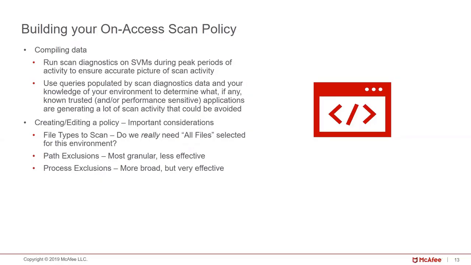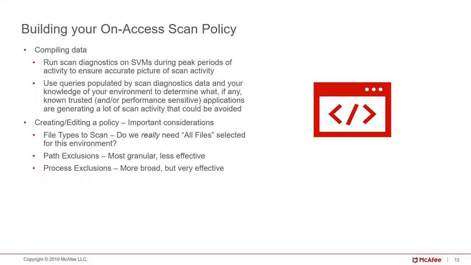And you use this data that these scan diagnostics send up to EPO, as well as the knowledge of your environment and what applications you have installed, any in-house things that generate a lot of file IO activity, things like that, and figure out what best could be implemented as exclusions to avoid that unnecessary scan activity and network traffic.